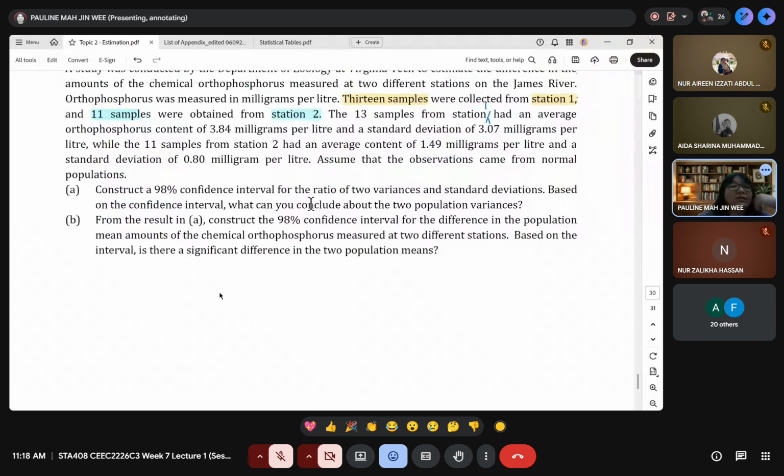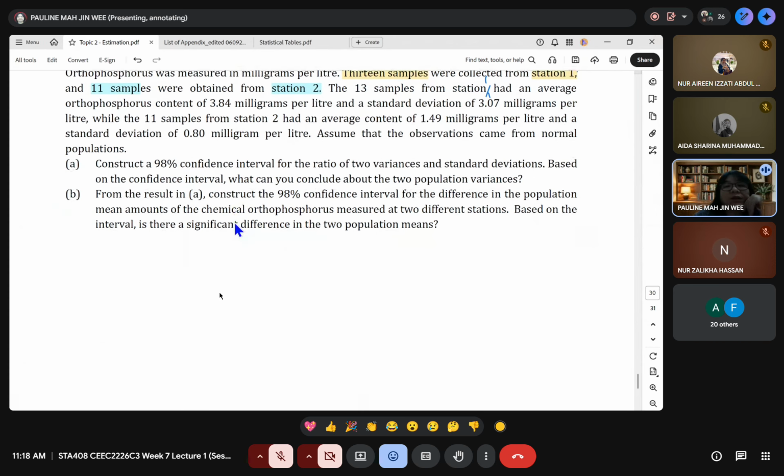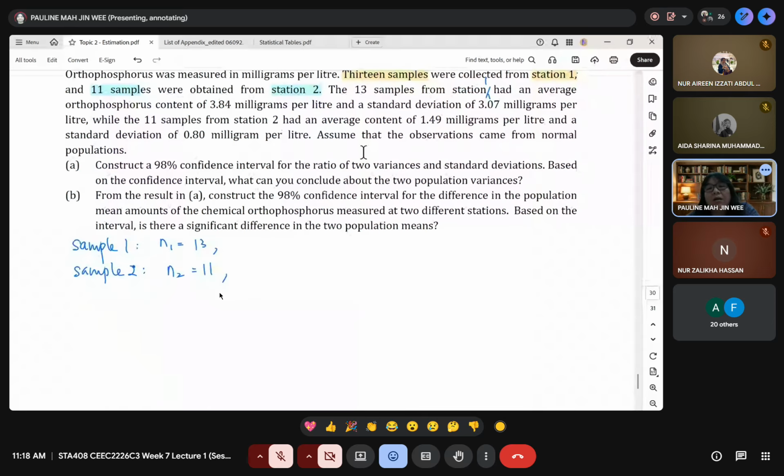Right, for what we have here, let's write down all the information we could. Let's look at sample 1. Sample 1, we have N1 equals 13. And sample 2, we have N2 equals 11. Now, the subsequent sentence, look at this part of the sentence.